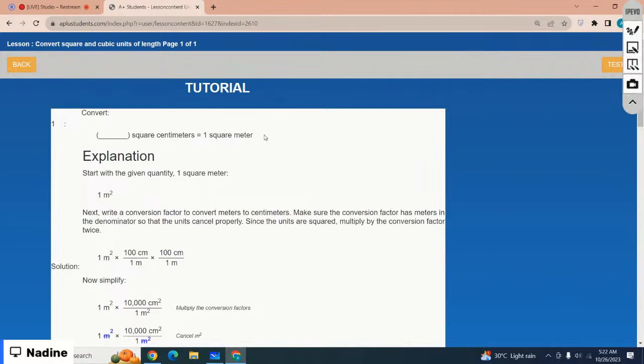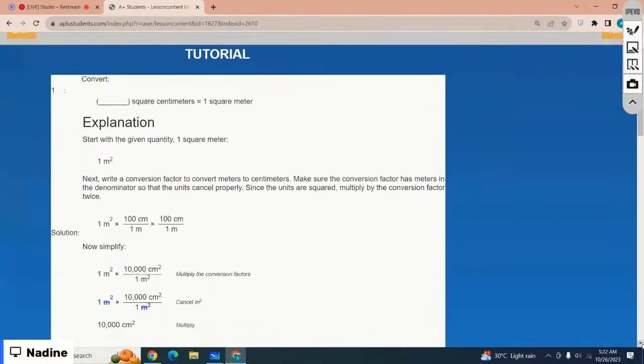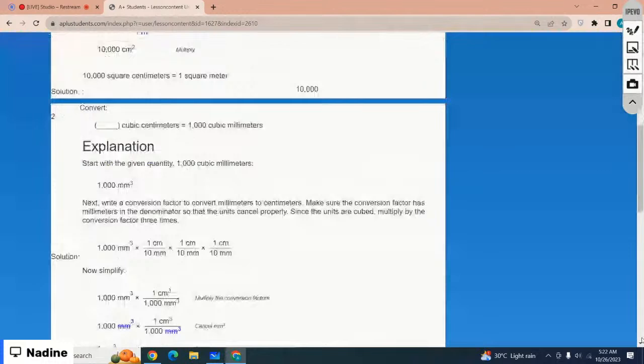1 square meter, right? That means it is 1 meter squared. You have to convert it into square centimeters.